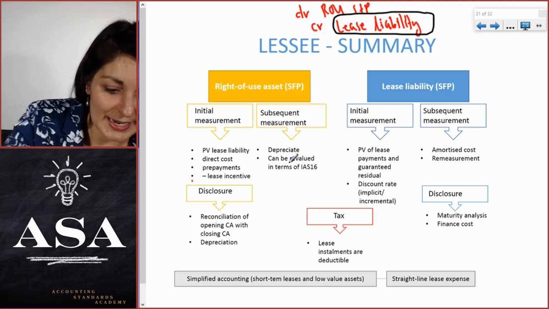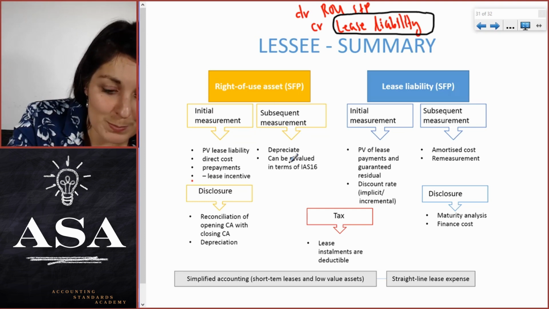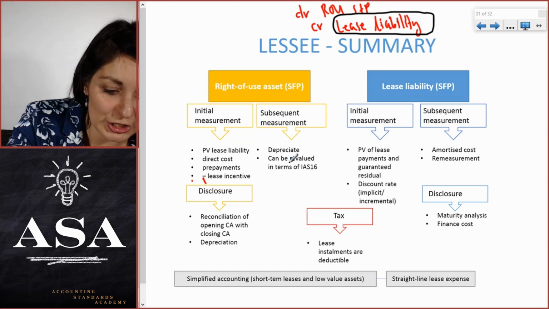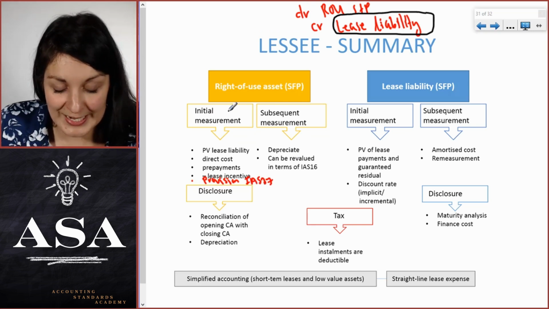Also, any estimated costs of dismantling, removing or repairing the asset should be included here. So any provisions that you raise for such a cost in terms of IAS 37 will also form part of the cost of the right of use asset.